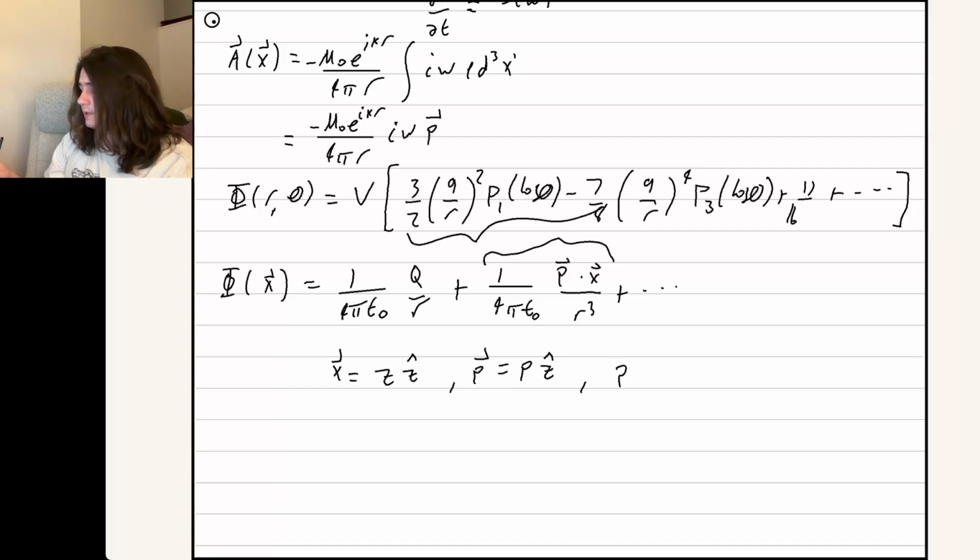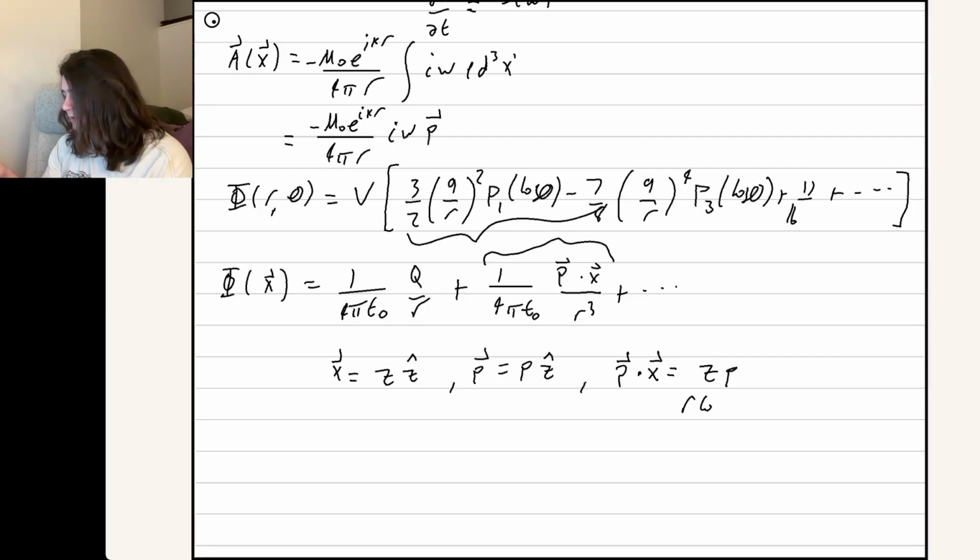That means that p dot x will just be zp. You can take z, translate it over to spherical coordinates, and call it r cosine theta. So you have p r cosine theta.